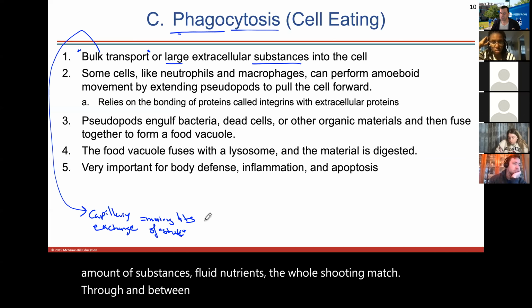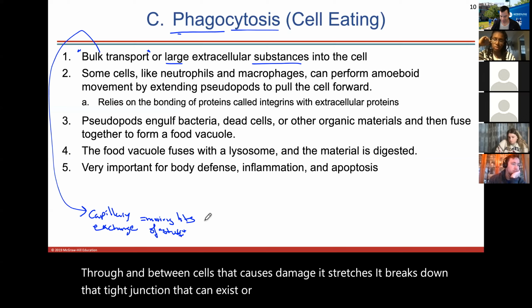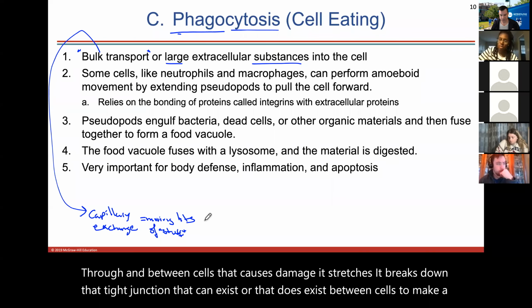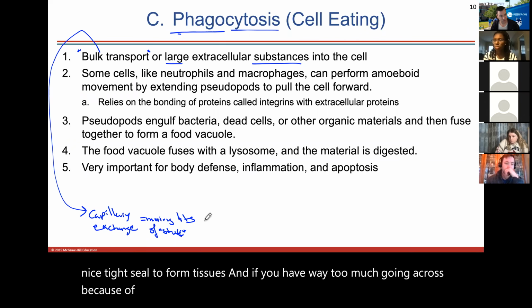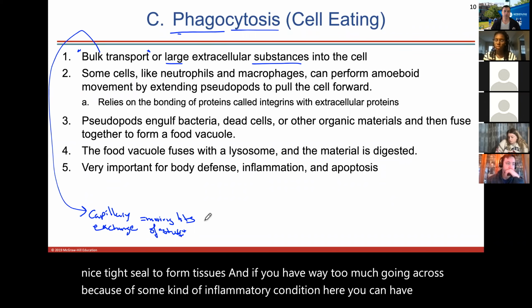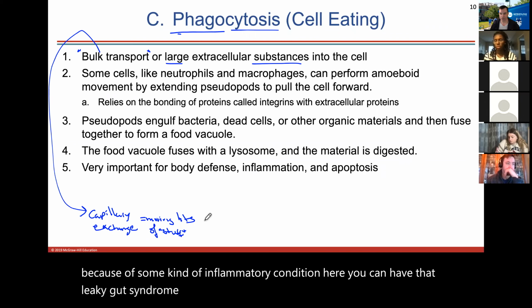That causes damage. It stretches, it breaks down that tight junction that does exist between cells to make a nice tight seal to form tissues. And if you have way too much going across because of some kind of inflammatory condition here, you can have that leaky gut syndrome. So there is a rhyme and a reason to how much it does allow.